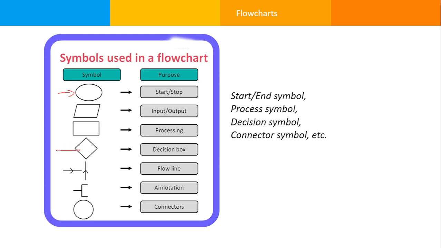Can we say this shape here is a diamond shape? No, it is not a diamond shape. Okay, so let's just say it's a kite for now.